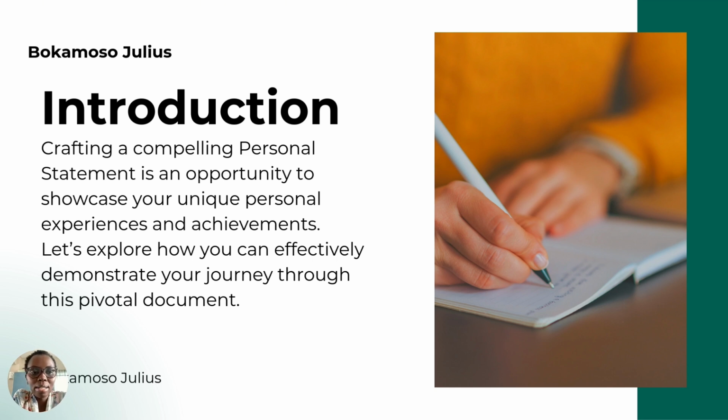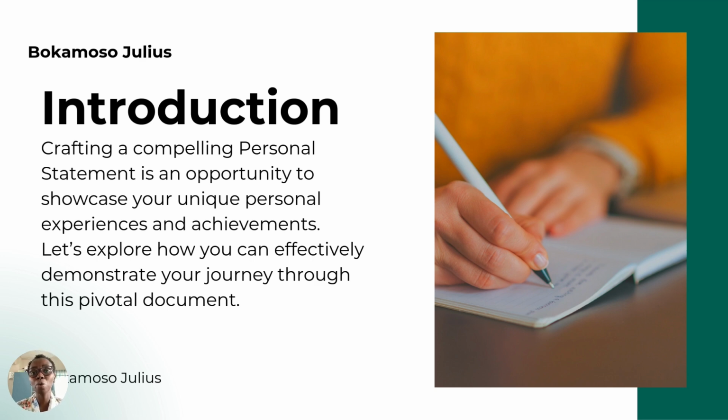So, what exactly is a personal statement? Just like the words suggest, it's personal. It's about your own unique story, your background, and how that has influenced your experience and your achievements.